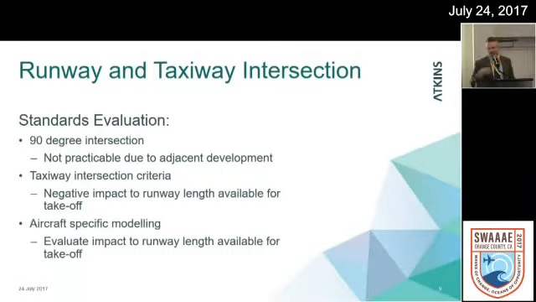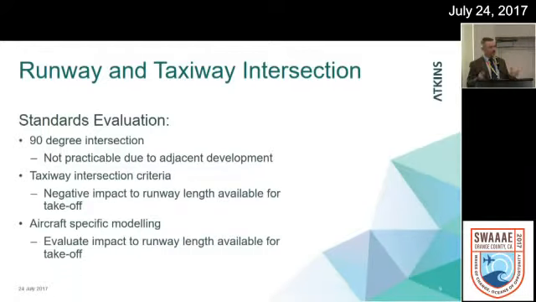So we tried to get a 90-degree intersection, but it wasn't really practical because of the fence and an adjacent roadway. We looked at the taxiway intersection criteria, and anything that we do to improve the geometry of the taxiway negatively impacts our runway distance.